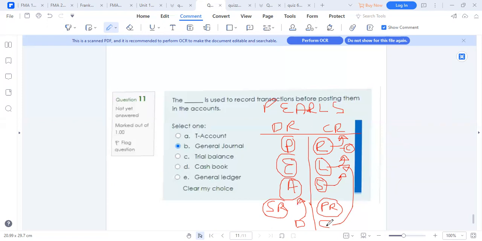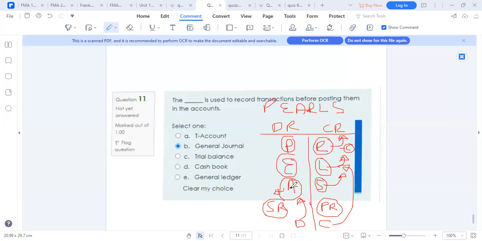If you're giving me money, I'm receiving it as a business. That's the double entry principle: you debit the receiver, credit the giver. I'm increasing my assets, so the cash is going to increase. I'm going to debit my cash account.